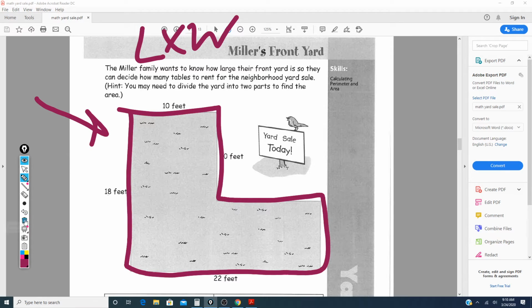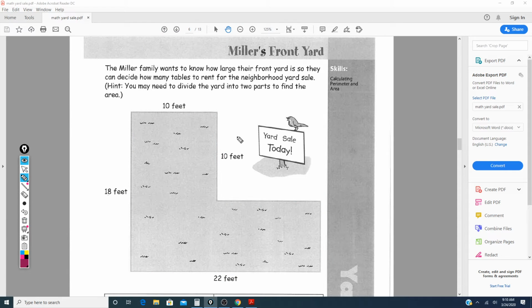So let's clear this off. The question becomes, how do we want to split this? Well, the L shape makes it a little bit easy, because there are really only two places you can split this. I see a way we can split this.